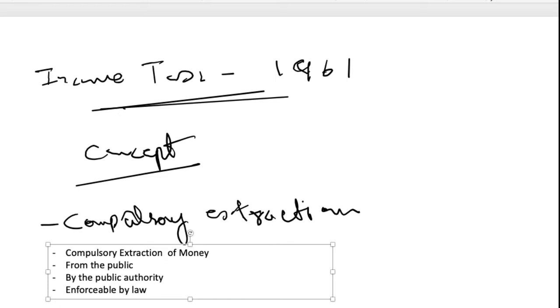So what is the benefit of collecting the tax? In law we call the country the state.